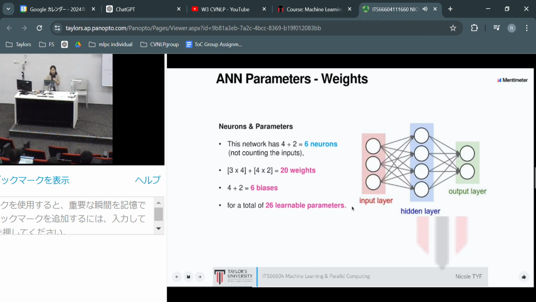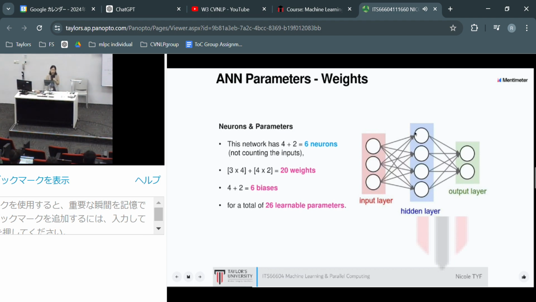Even though there are more than 6 circles here, the reason is that the 3 at the input layer are not considered as neurons. They are not considered as perceptrons. From the first hidden layer onwards, every single little circle is considered one perceptron.